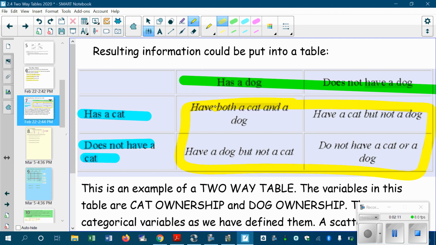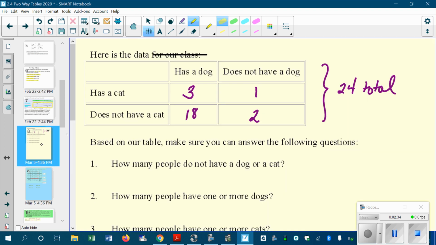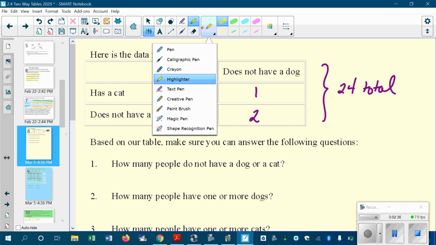Okay, so that's an example of a two-way table. If we asked how many cats and how many dogs you own, now that would be a quantitative variable, and we could go back to a scatter plot for that, okay? But if we just said, hey, put yourself in one of these groups, that's a categorical variable. And a categorical variable, when I have 2 of them, can be represented in a two-way table.